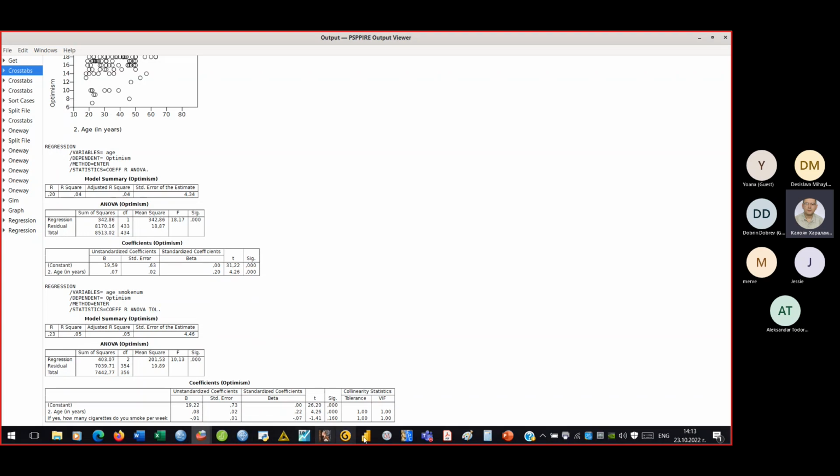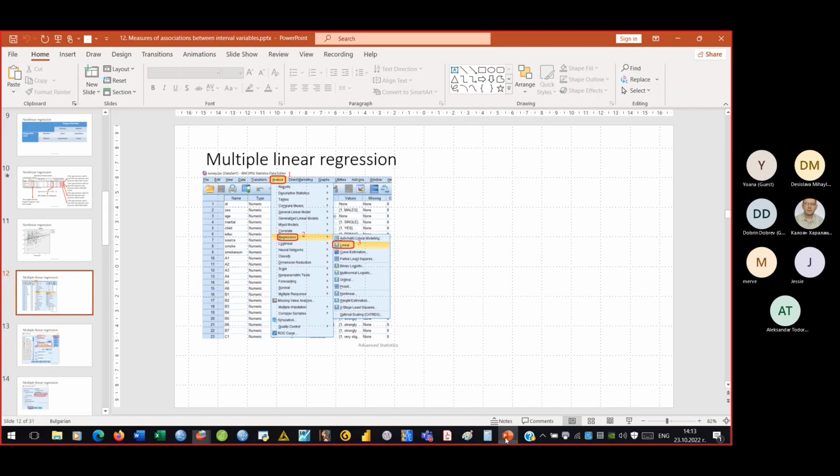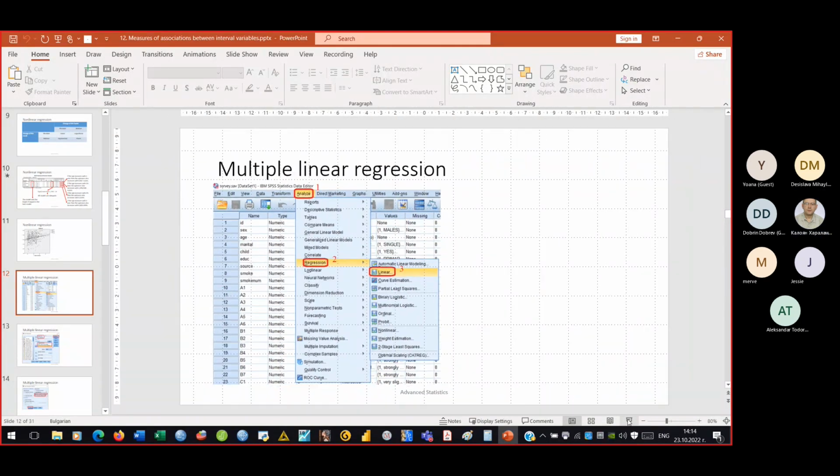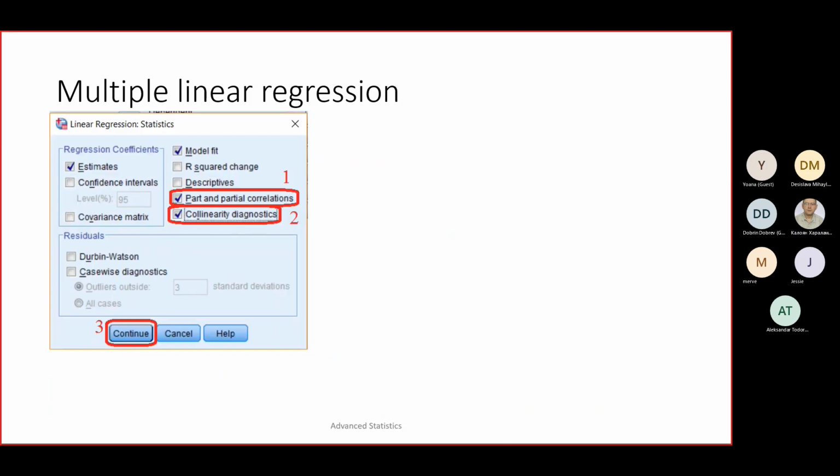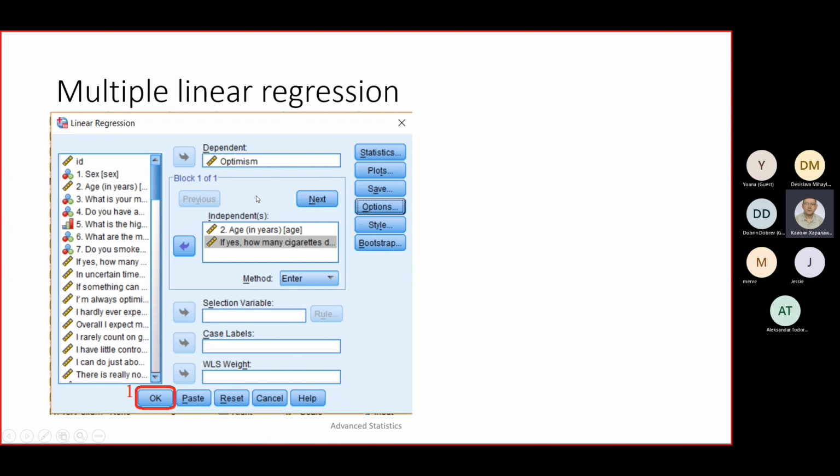So I will switch to the presentation, and I will show these measures of strength of relation between each of independent variable and dependent variable. For that purpose, we must check here part and partial correlations, and we need these partial correlations.